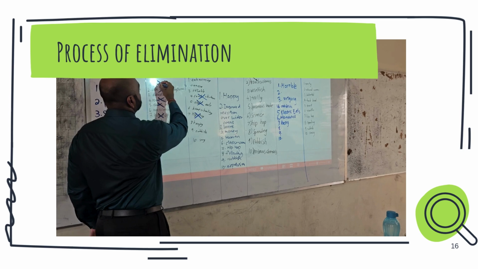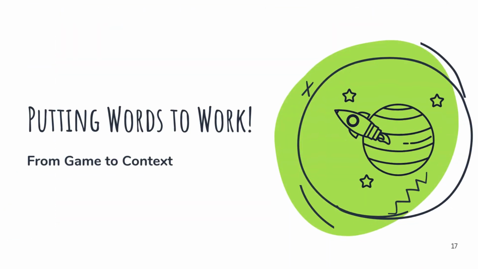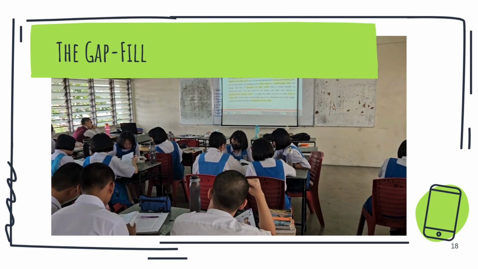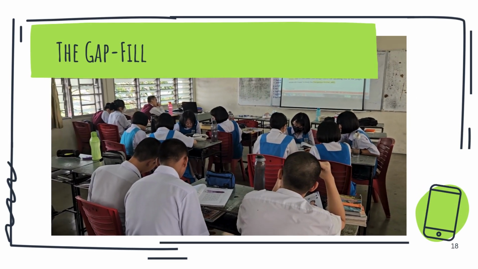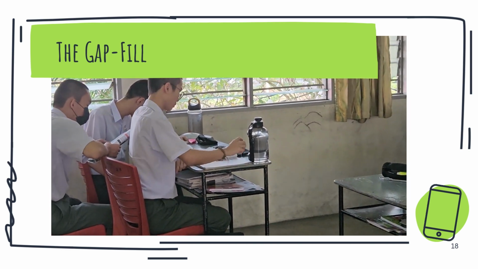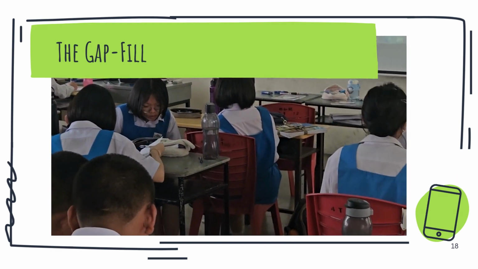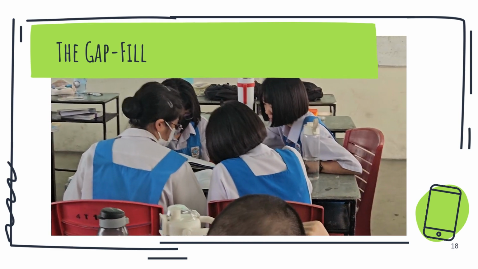Now that pupils have recalled and reviewed the vocabulary from this categories game, it's time to reinforce their understanding by using those words in context. In this gap fill activity, pupils are given a short passage. Each blank corresponds to one of the vocabulary items generated earlier, with one word taken from each category.